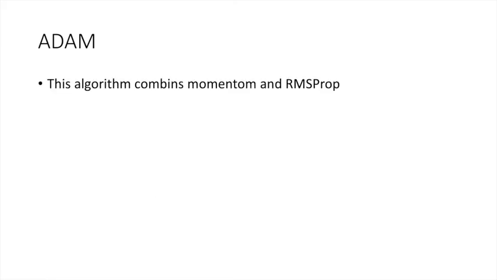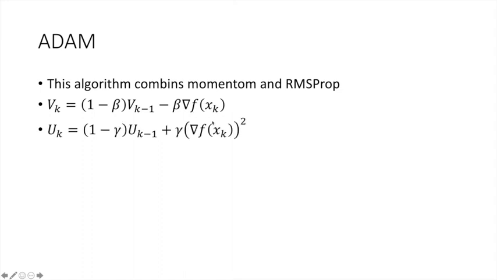Adam combines momentum and RMSProp. So vk equals (1 minus beta) vk minus 1 minus beta multiplied by the gradient at location xk. And uk equals (1 minus gamma) multiplied by uk minus 1 plus gamma multiplied by the gradient at location xk squared.